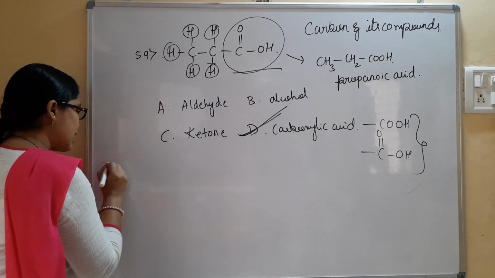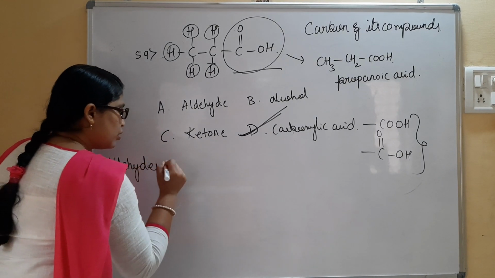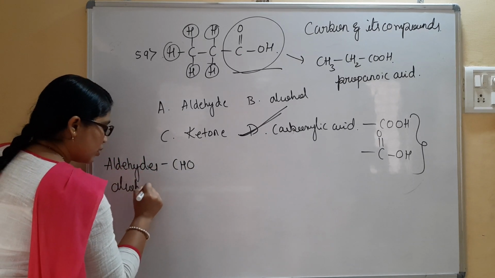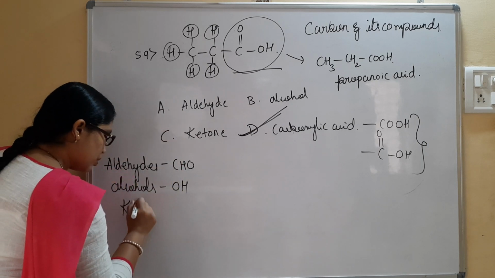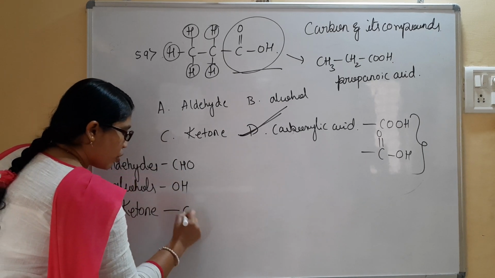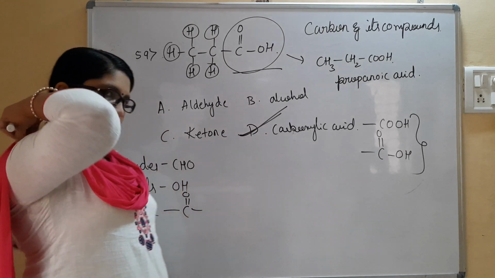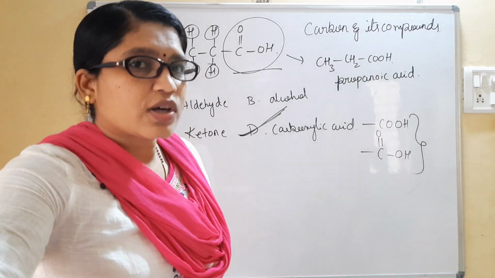Aldehydes have the functional group CHO. Alcohols have the functional group OH, whereas ketones have the functional group C double bond O. So these are the functional groups for these three. So out of these 4, the correct option is D, that is carboxylic acid.